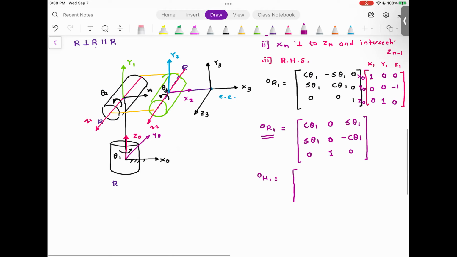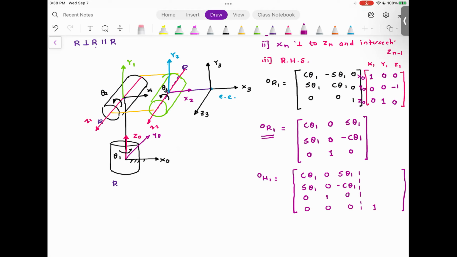0h1 will contain the rotation matrix: 0, cosine theta 1, 0, 1, 0, 0, 0, 0 and finally 1.